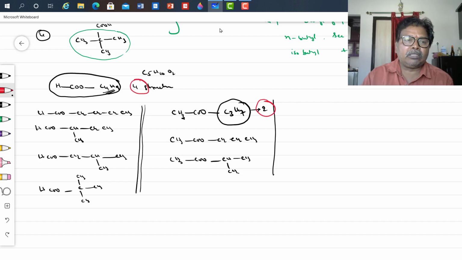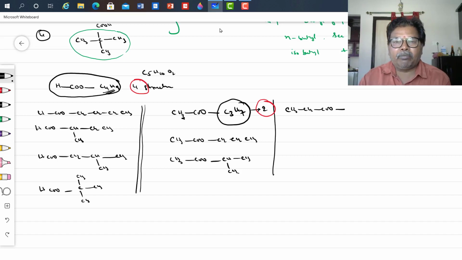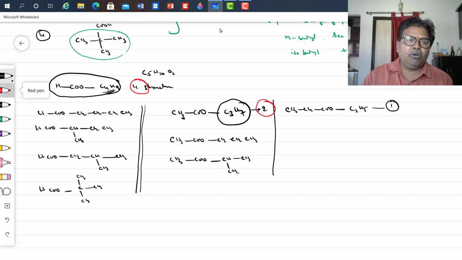Here 4 structures. Now again, going to increase. Next, propanoic acid, CH3CH2COO. How many carbon atoms remain? 2 carbon atoms, ethyl. The number of ethyl groups is only 1, so only one structure is possible.